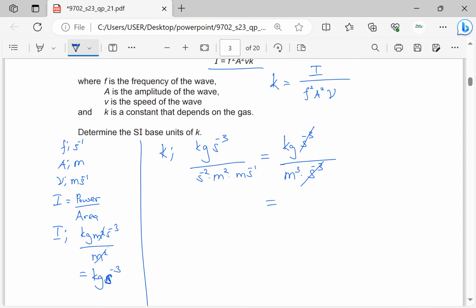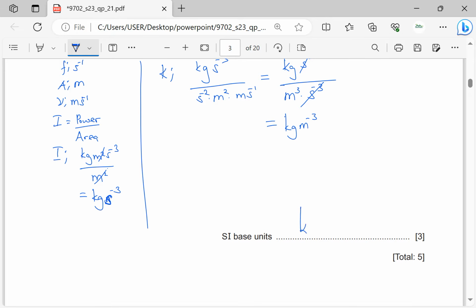So this simplifies to kilogram, because it is kilogram divided by M to the power 3, it becomes M to the power minus 3. So the answer here is going to be kilogram M to the minus 3. Those will be the SI base units of K.